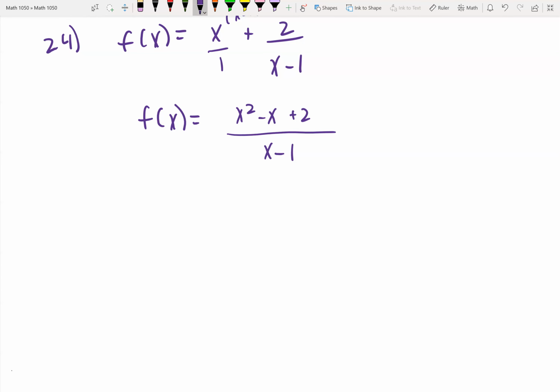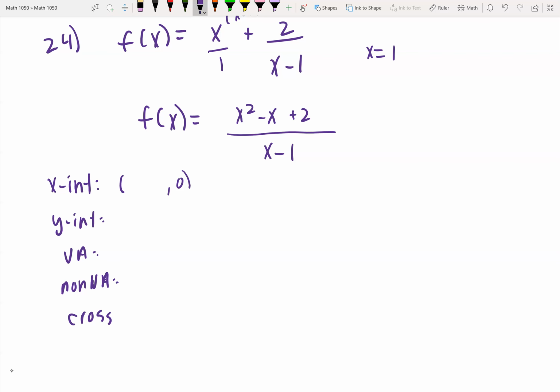Okay, so let's list what we need. So we need to know x-intercepts, y-intercepts, vertical asymptote, non-vertical asymptote, and does it cross? So to find the x-intercept, I'm going to let y be a 0, which is the same as letting the top be a 0, but the top doesn't factor. So I'm going to have to use quadratic.